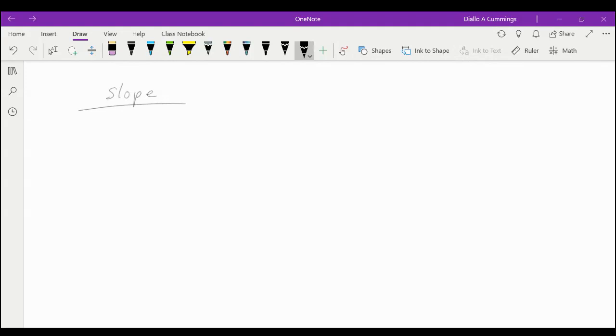If we talk about the slope of a line, the first thing I want to do is talk about the classification of a slope. Okay, classification of slopes. We read graphs just as we read sentences, from left to right.